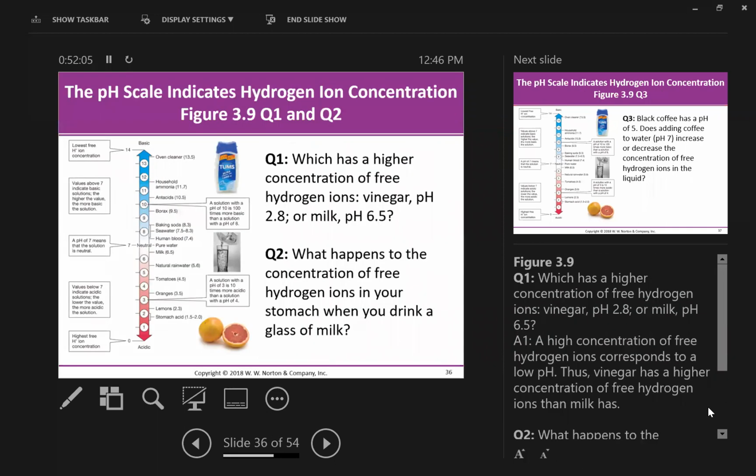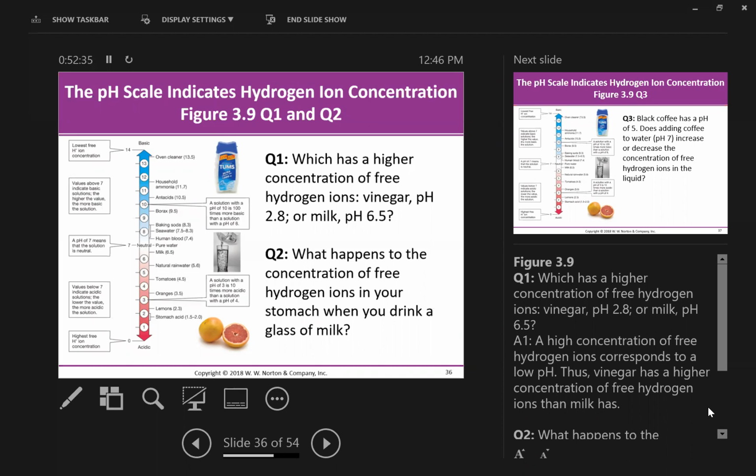So let's ask a couple questions here. Which has a higher concentration of free hydrogen ions? Vinegar with a pH of 2.8 or milk with a pH of 6.5? So, a high concentration of free ions corresponds to a low pH.